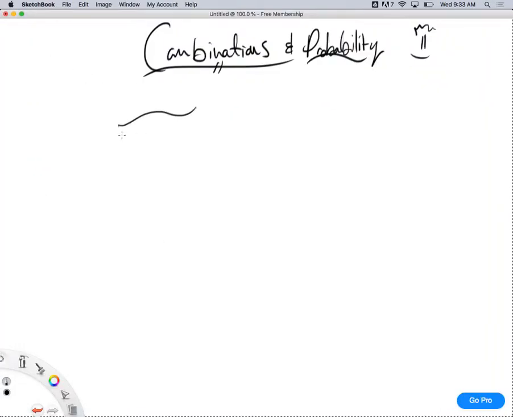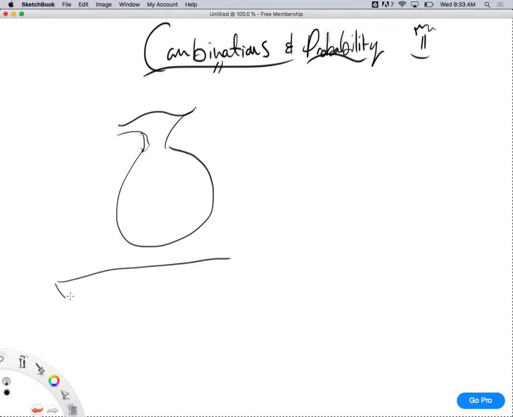Here's my bag of Scrabble letters, and here's my tray for my Scrabble letters.